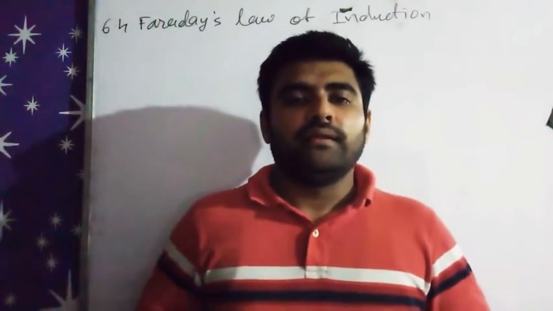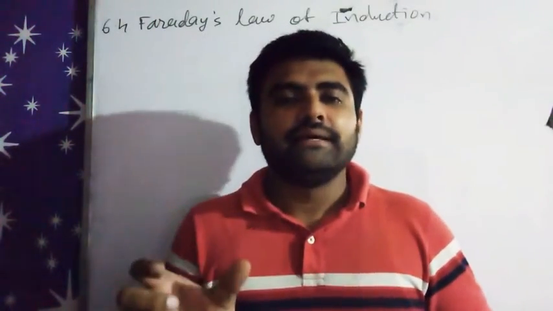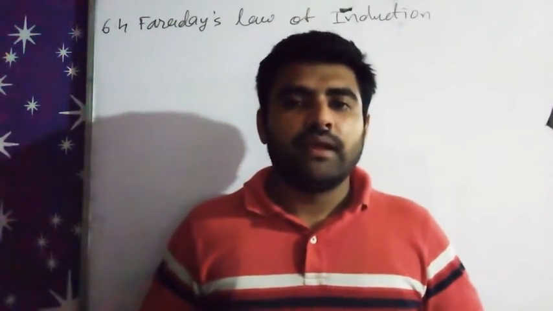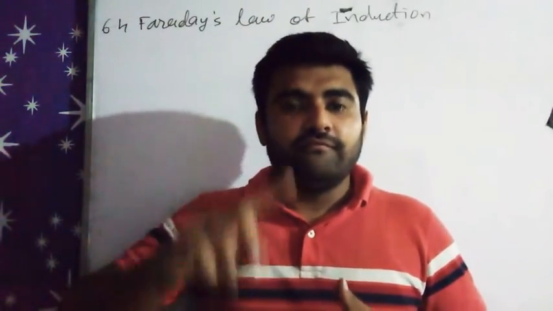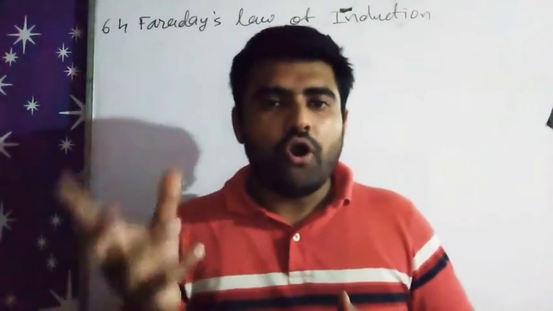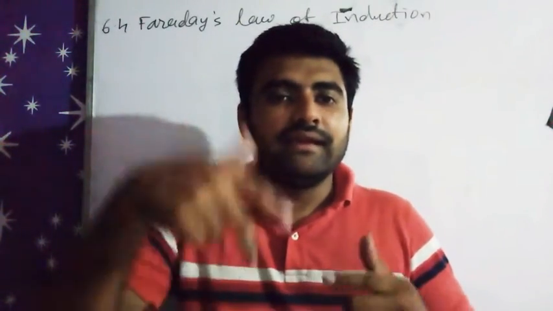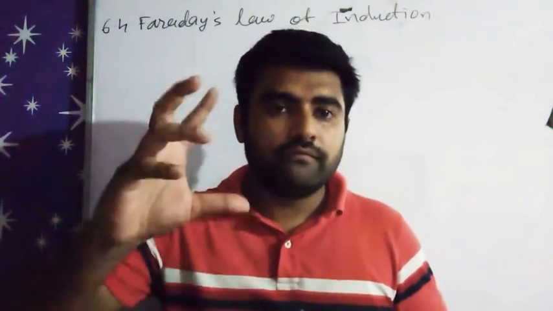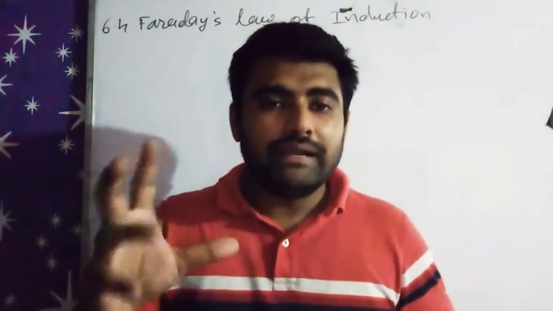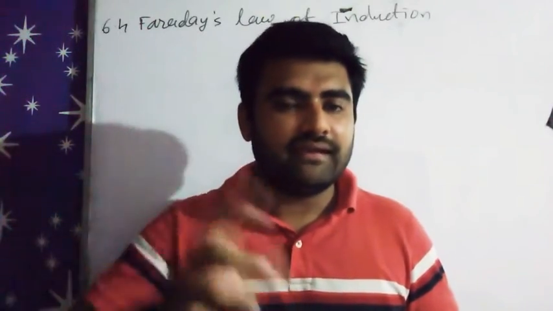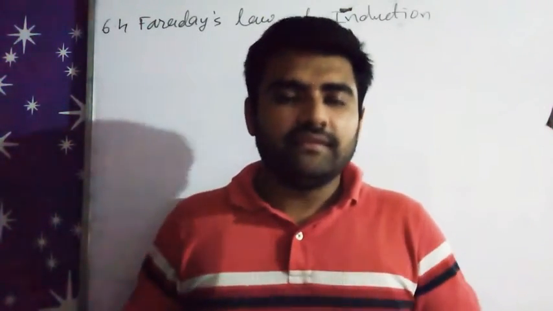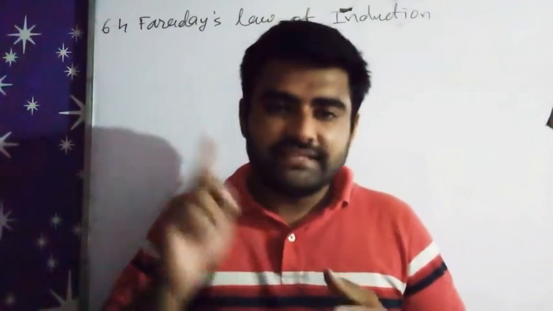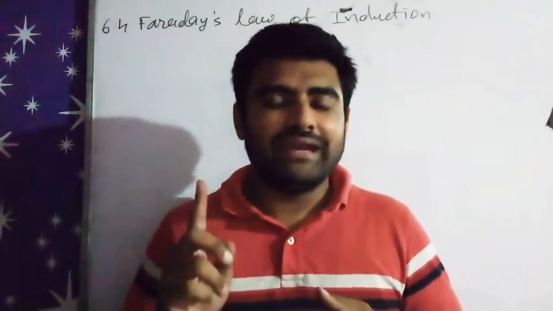Again there are 2 coils, one connected with a battery and another connected with a galvanometer. Whenever Faraday switches on or off, the current is increasing and decreasing. Due to the change in current we get a changing magnetic field. Due to the changing magnetic field we get changing magnetic flux.